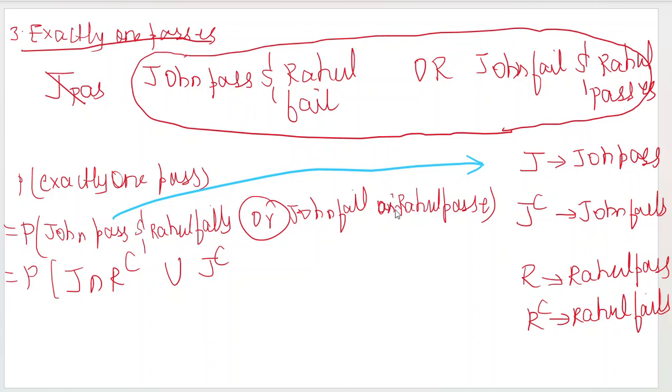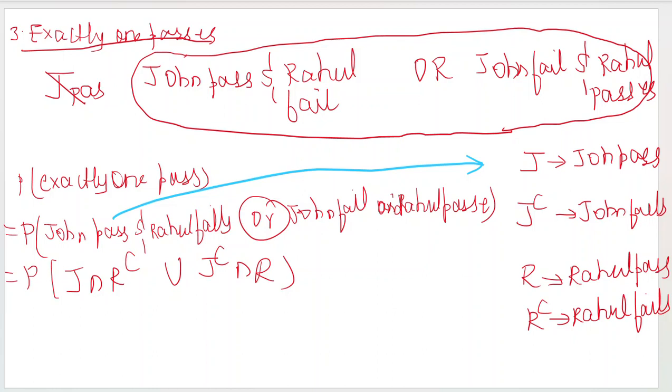The AND is replaced by intersection, and Rahul passes is R. So we have converted all this English into maths.